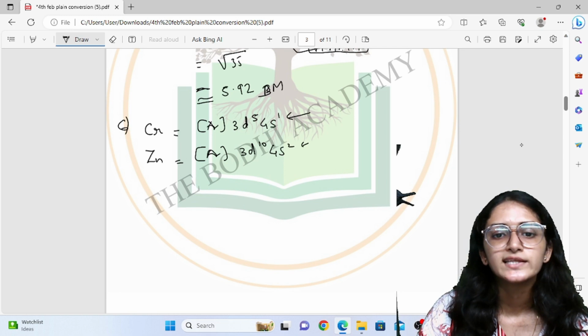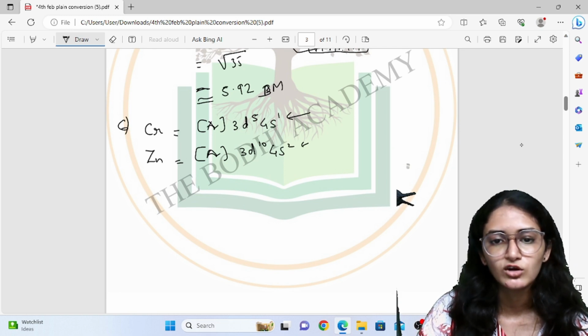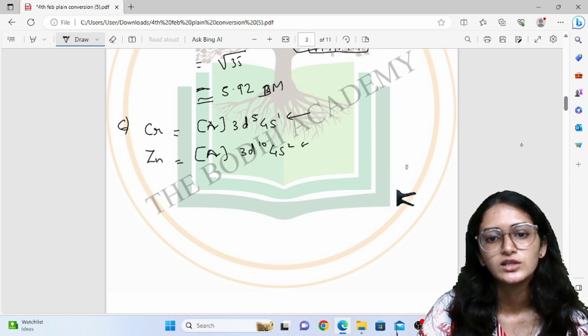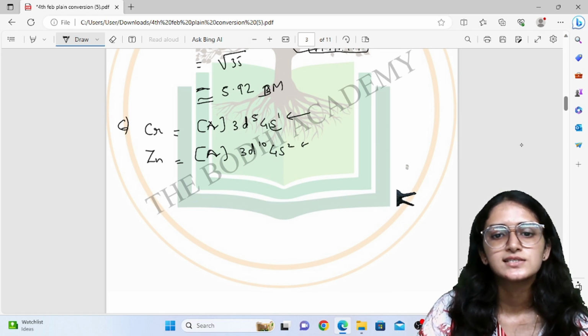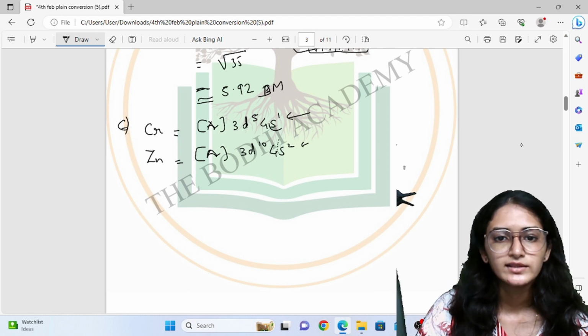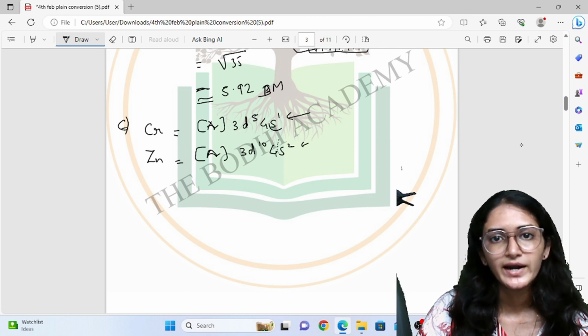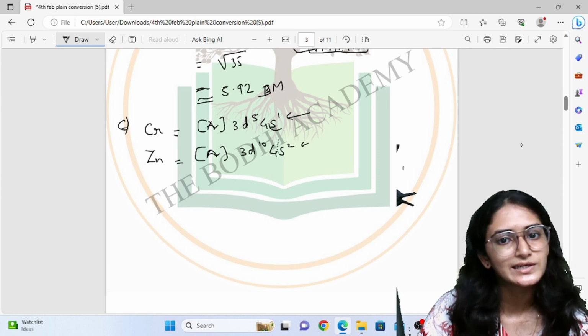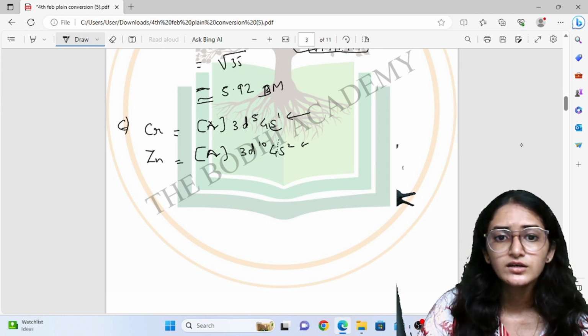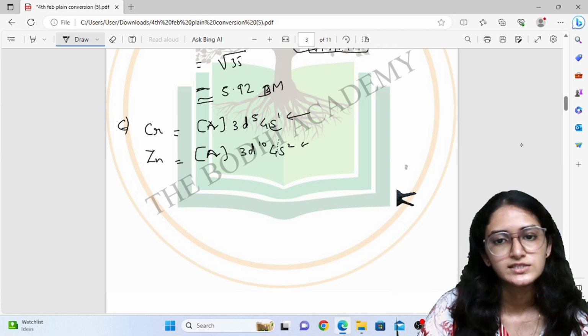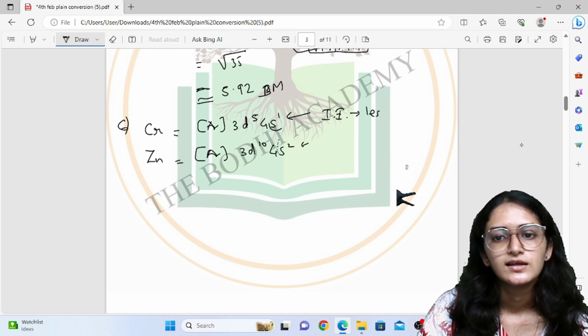A stable or fully filled configuration is harder to remove from. Obviously the one having one unpaired electron, that electron is easy to remove. So in chromium it is quite easy to remove the first electron, so the ionization enthalpy required is less.